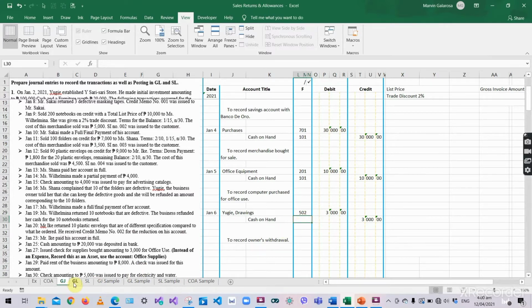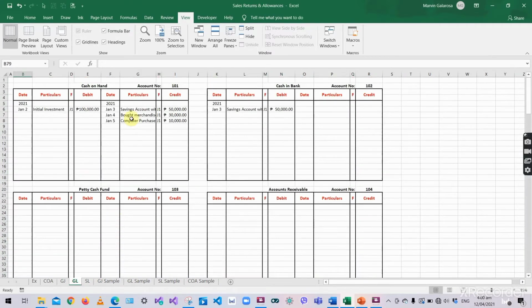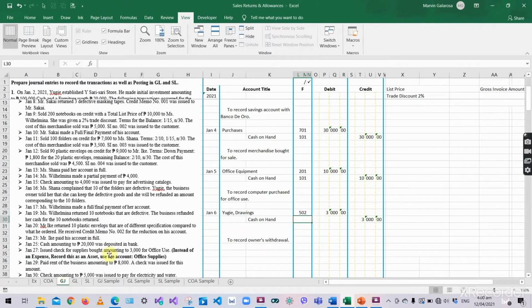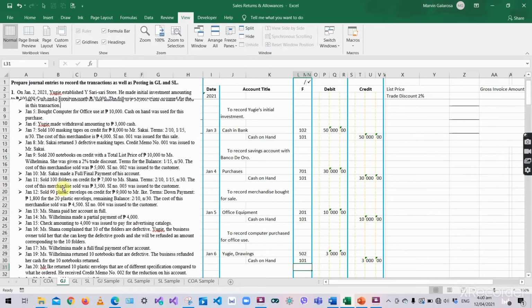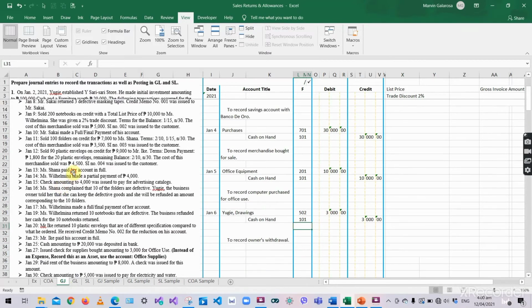Credit sa cash on hand na 3,000. Post natin. January 6. Particulars withdrawal. J1, 3,000. Account number 101. January 7 naman.